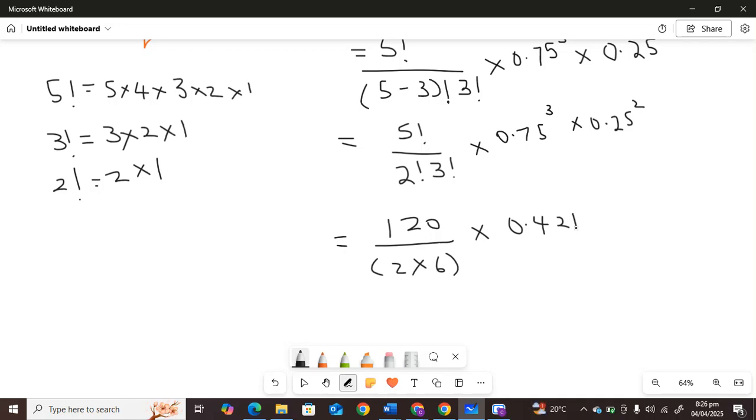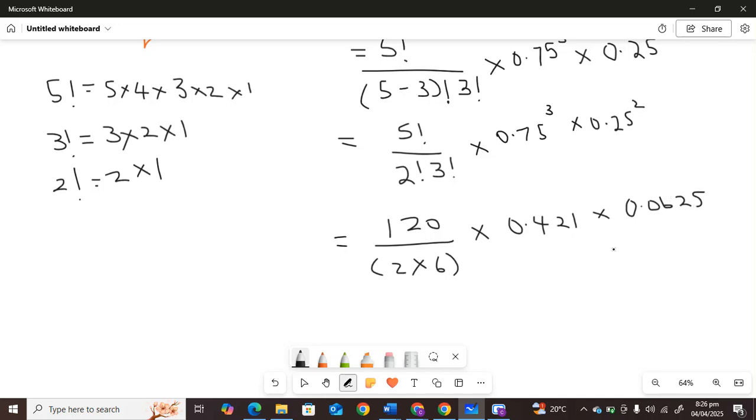We'll just leave it as 0.421. Okay, then 0.25 squared. 0.0625.